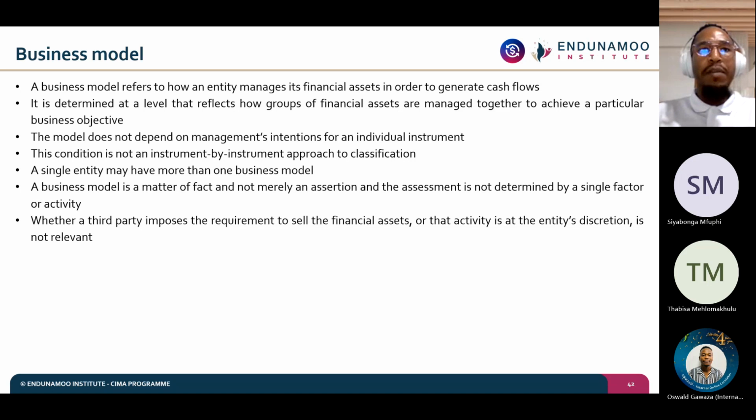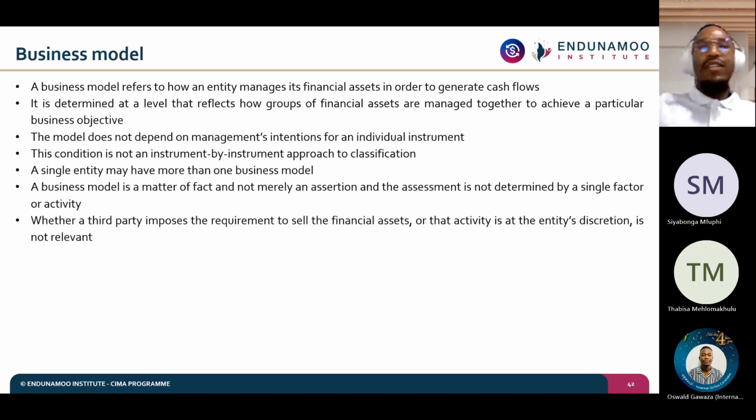So whether a third party imposes the requirement to sell the financial asset or the activity is at the entity's discretion is not relevant. For instance, if the bank is holding a group of loans to collect contractual cash flows, and a third party imposes legally, goes to the courts and says, the bank owes me X amount, and I know the bank has financial assets amounting to 10 million.